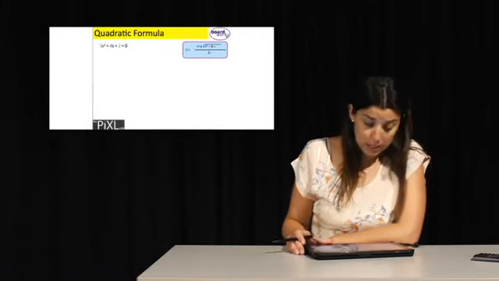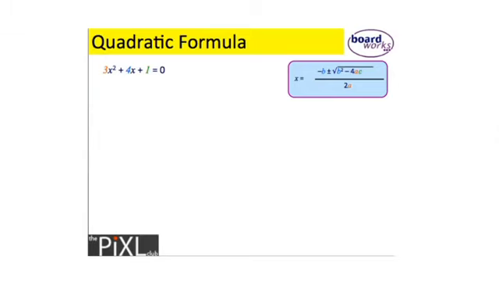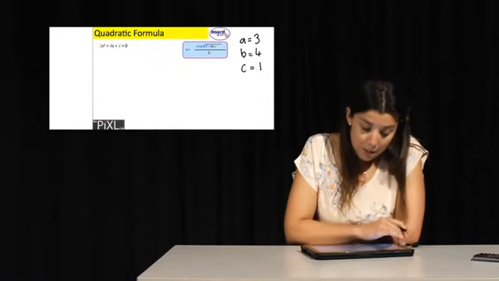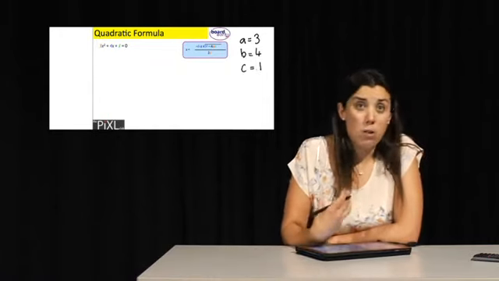Let's take a look at an example together. Here we have 3x squared add 4x add 1 equals 0. What's a really good way to start these questions is actually to write down at the side a equals, in this case 3, b equals 4, and c equals 1. Your next step is actually to write out the formula.